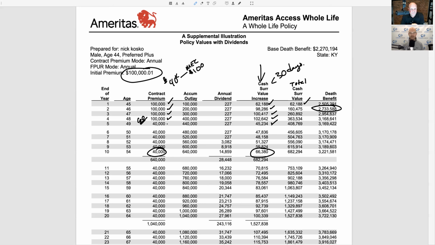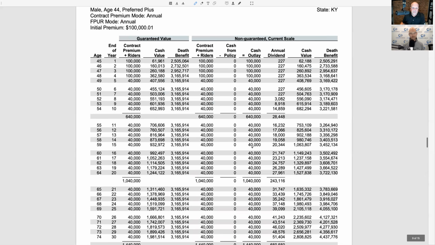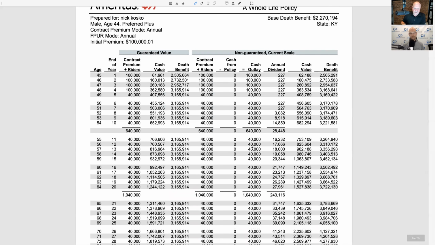I'm winning. Now, here's the thing that I want you guys to realize. When I'm showing you these numbers, there are two different things. Inside this insurance contract, this is the current market conditions. Current market conditions are historically low interest rates, which means dividends are historically low.